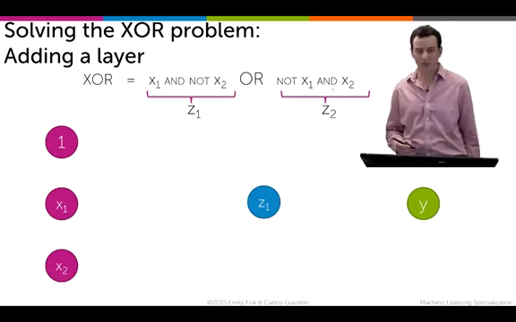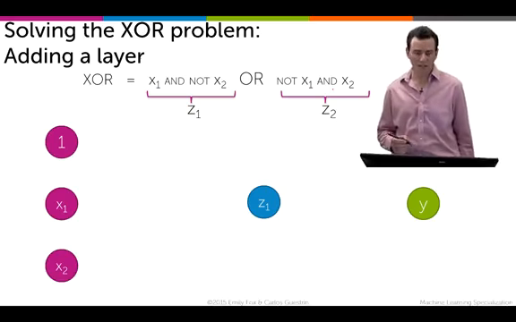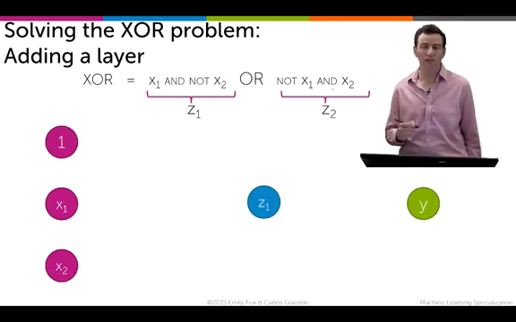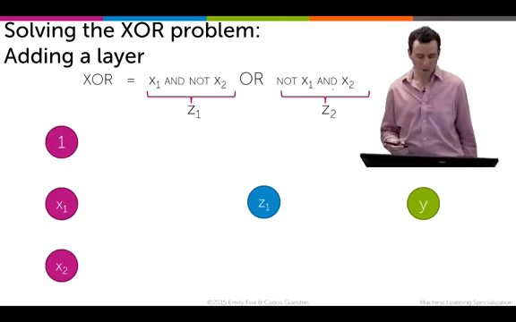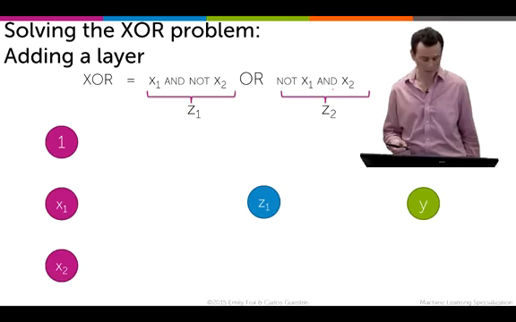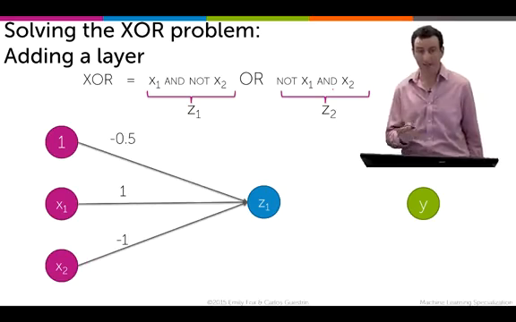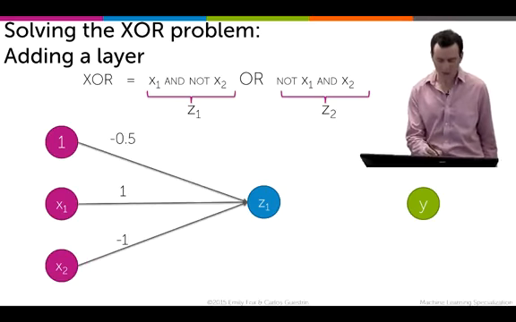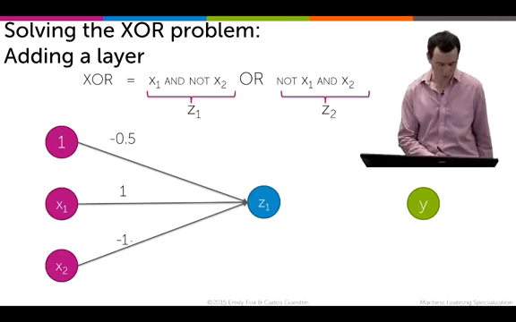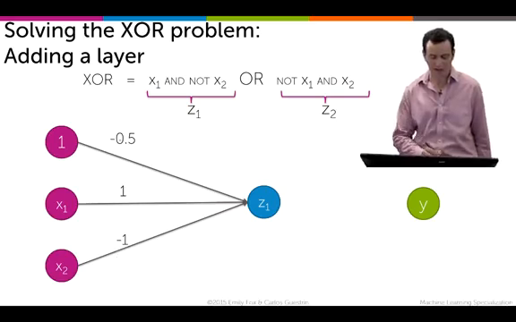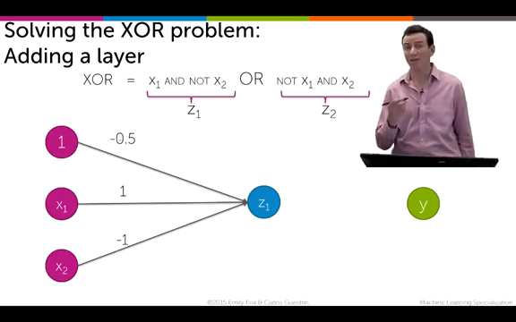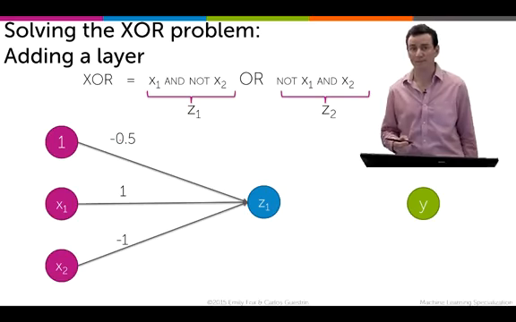So let's take z1. How do we represent a one-layer neural network that can predict z1? We discussed that a little bit, but here goes. It's a little bit different than the AND case from before. Since we have to negate, we say not x2, we put a minus 1 on that edge, and we put a plus 1 on x1 and the minus 0.5, and there we now have a representation for z1.